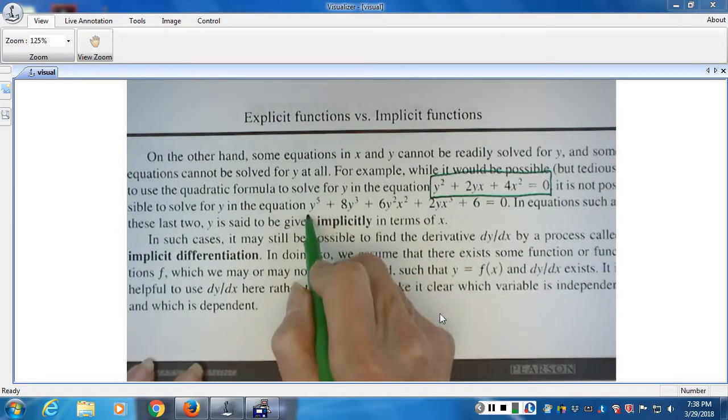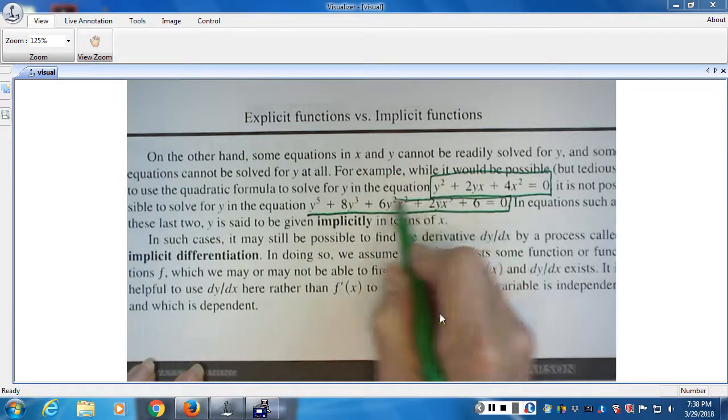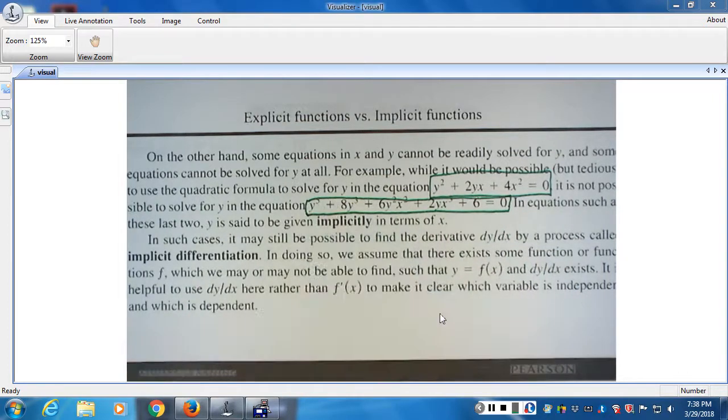But you can't take this problem and solve it for y, because that's not a quadratic equation, therefore the quadratic formula is not applicable. If it's factored, you might be able to fiddle around with it, but you're looking at that equation thinking, I don't want to factor that. That's nasty. That would be terrible.